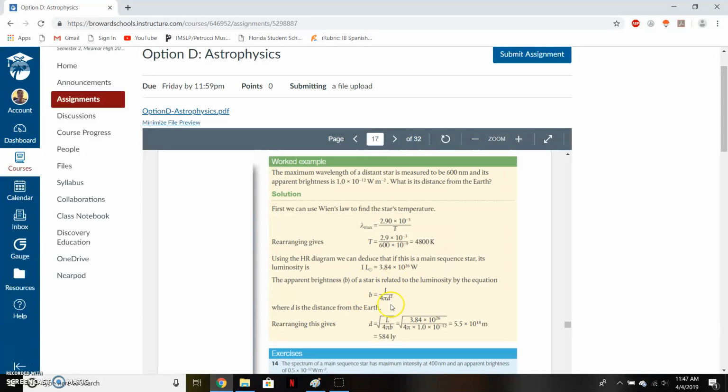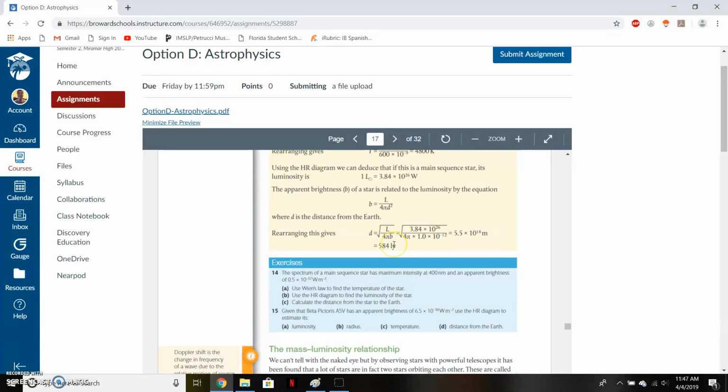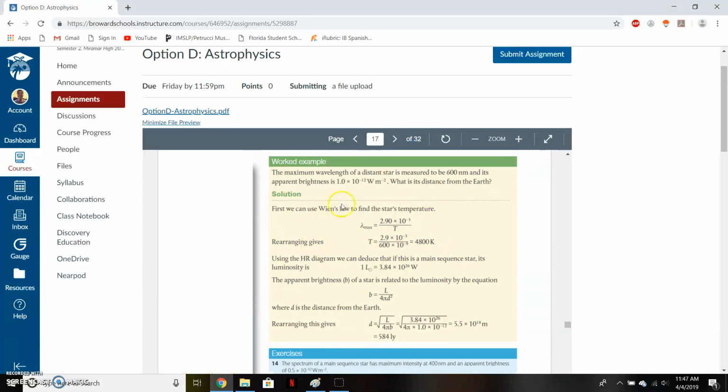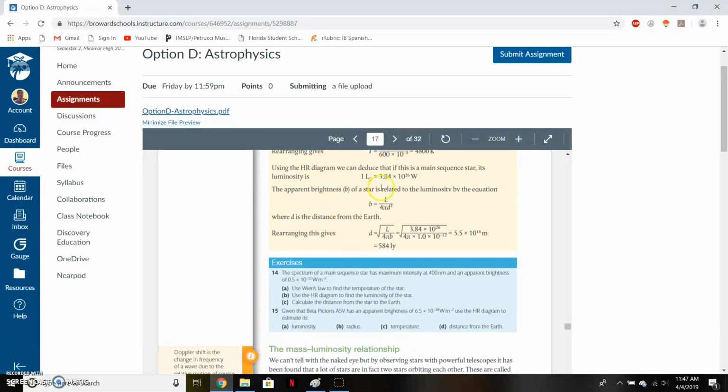They rearrange it to find distance, so that distance is equal to the square root of luminosity over 4 pi B, where B is apparent brightness, and that will equate to 5.5 times 10 to the 18 meters, which is around 584 light years.